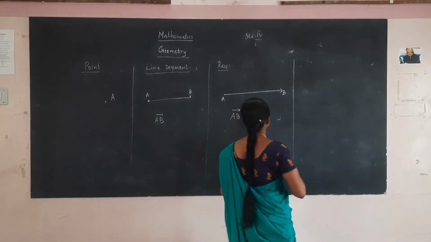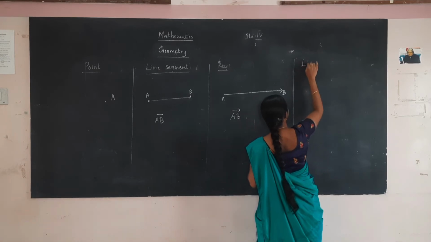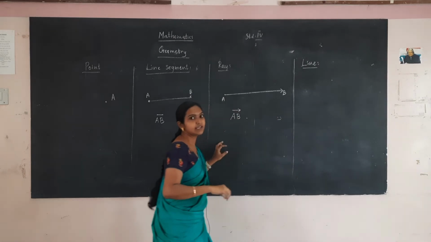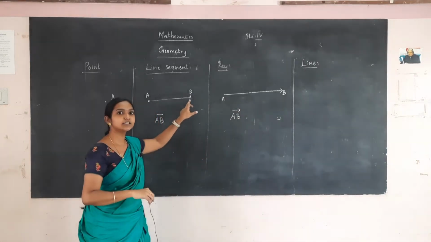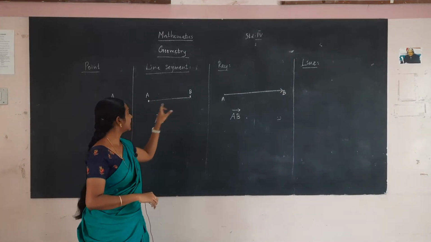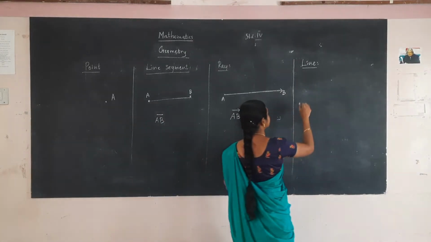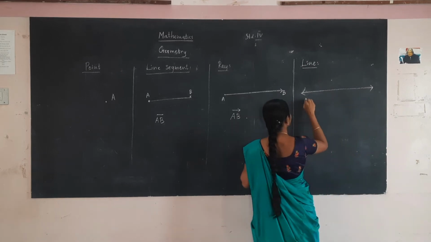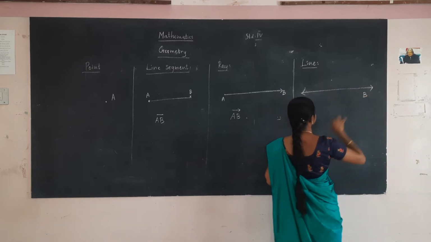Next we are going to learn about line. For a ray we extended the point B alone, but for a line we are going to extend both points A and B. Both the points are extended here.